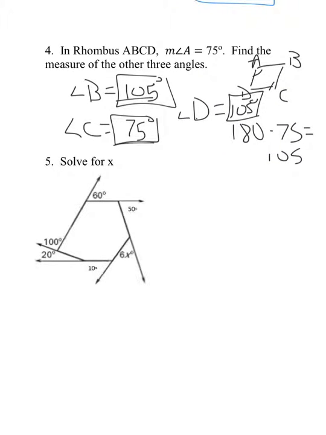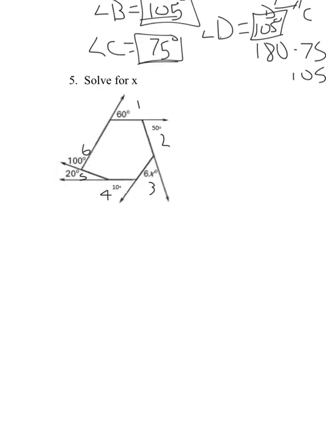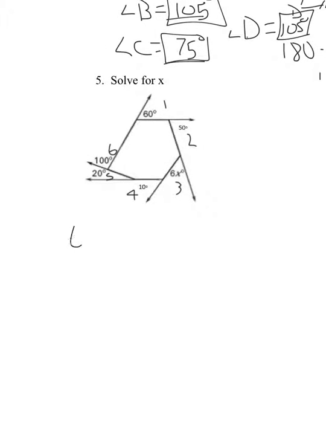Number 5, solve for x. There are 1, 2, 3, 4, 5, 6 angles that are exterior. Exterior angles always add up to 360. So you're going to do 6x plus, and then just go around: 10 plus the 20 plus the 100 plus the 60 plus the 50.